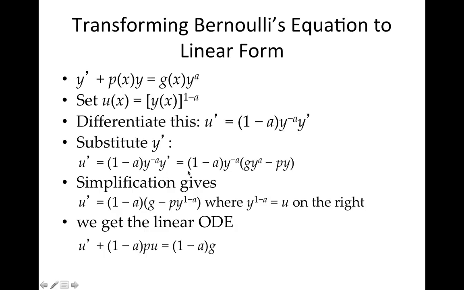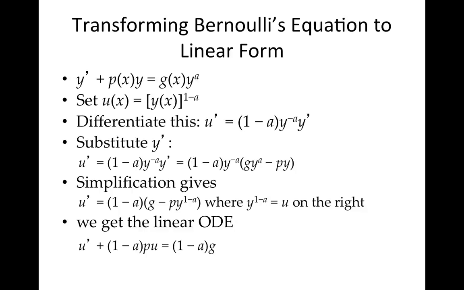When I do that, I get the following using the product rule of differentiation. And then a little bit of algebraic simplification, combining some y terms, I get the following for u prime. And so I have my 1 minus a here.